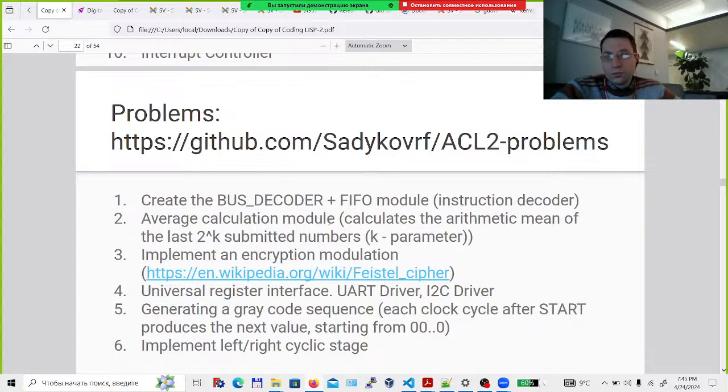You can do some of it inside Verilog, formally verify inside ACL2, and do some encryption modulation, which is a topic of our discussion. And if you get stuck, please follow this link or find me on LinkedIn and ask me a question. Even if it's not fully implemented on GitHub, I'm going to provide all of the information on those problems.